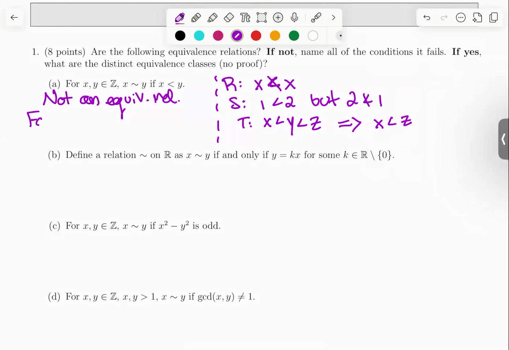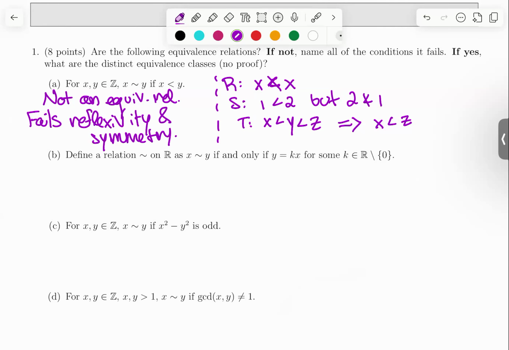So it fails reflexivity and symmetry. Boom, roasted.